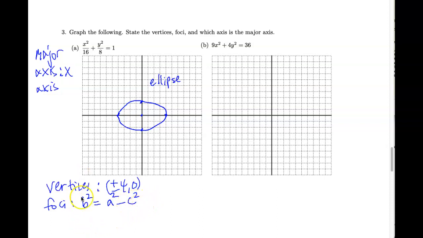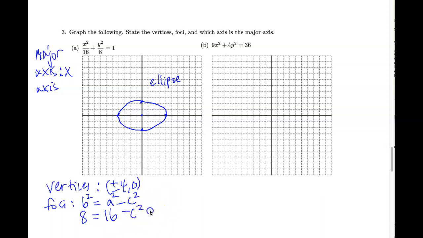So the b squared is 8, the a squared is 16. So keep in mind as well that the a is always the vertices that are on the major axis. And so this will be minus c squared.